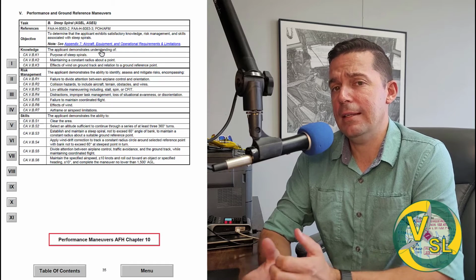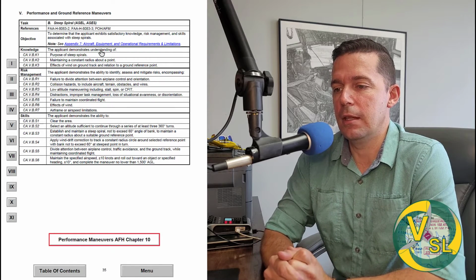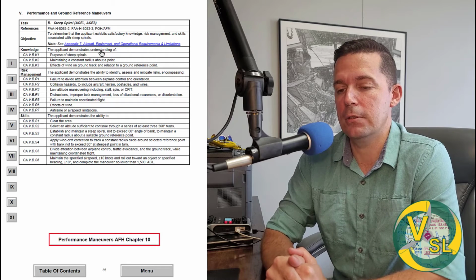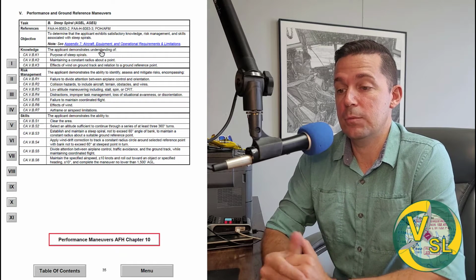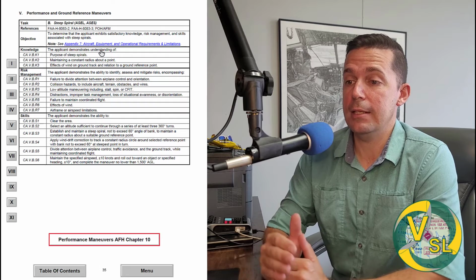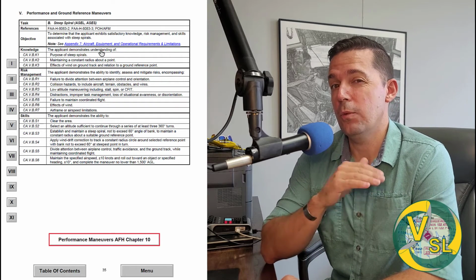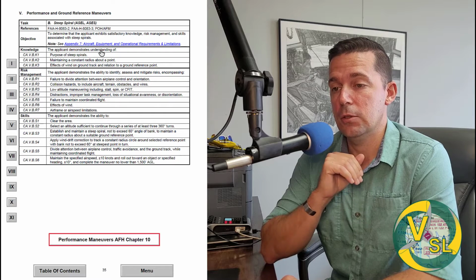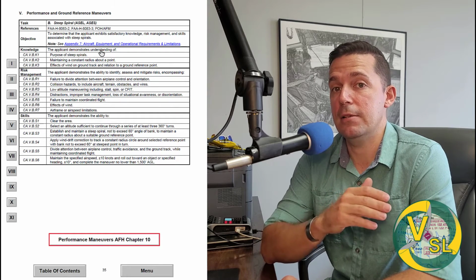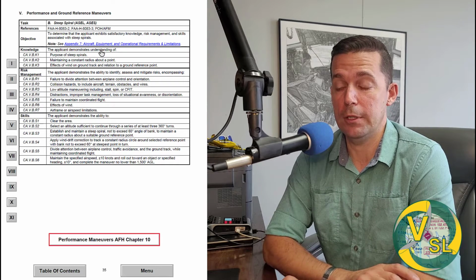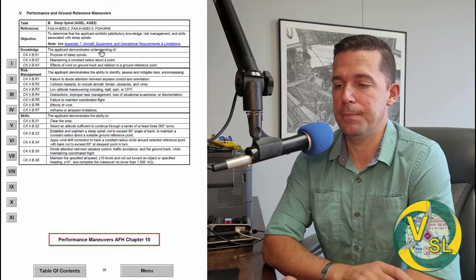Some things I'd like to highlight about the steep spiral: this is a most useful maneuver to master if you have some sort of engine failure event and you're gliding towards a suitable landing surface. You don't want to give up altitude though. So let's say I was 5 miles south of Russellville Airport here, and I was up at 10,000 feet.